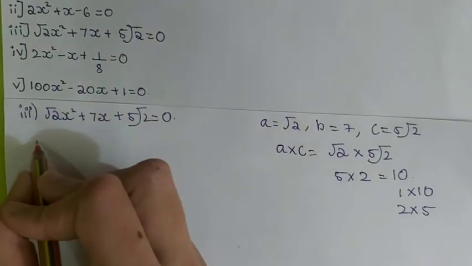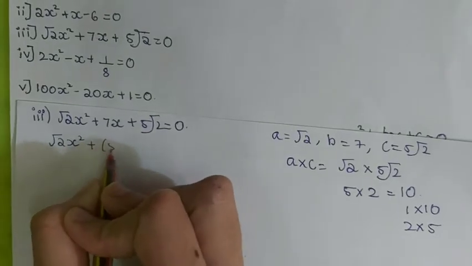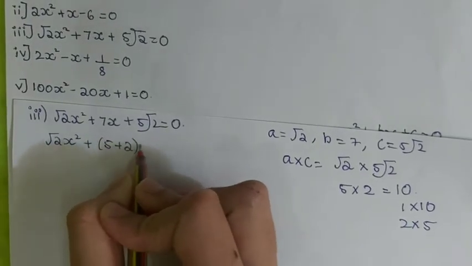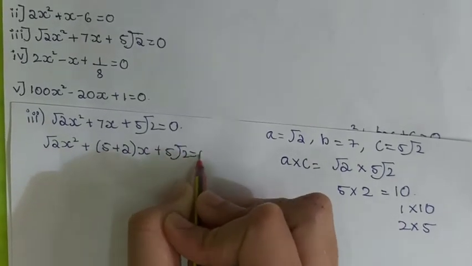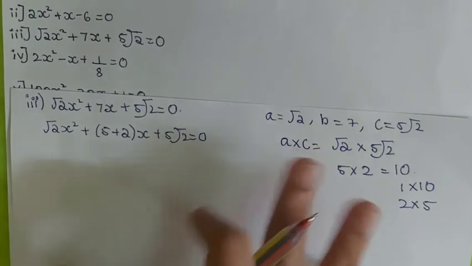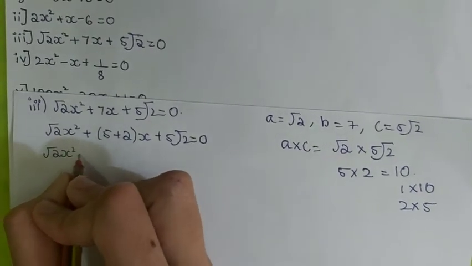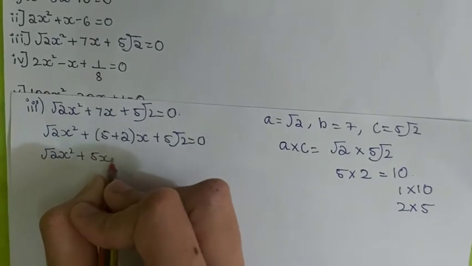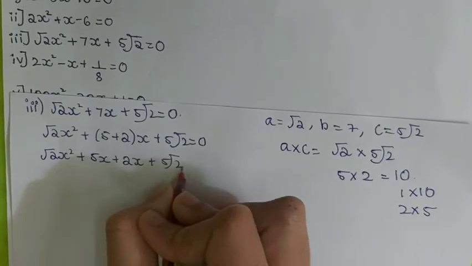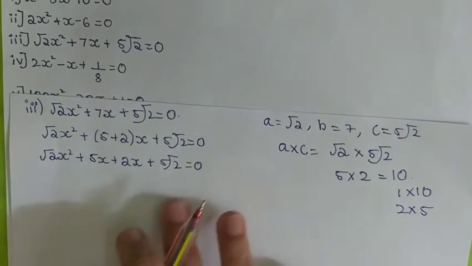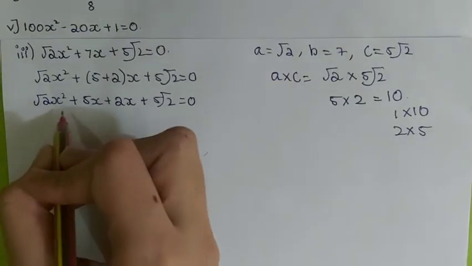So here root 2 x square plus 5x plus 2x plus 5 root 2 is equal to 0. Now the common here is x.